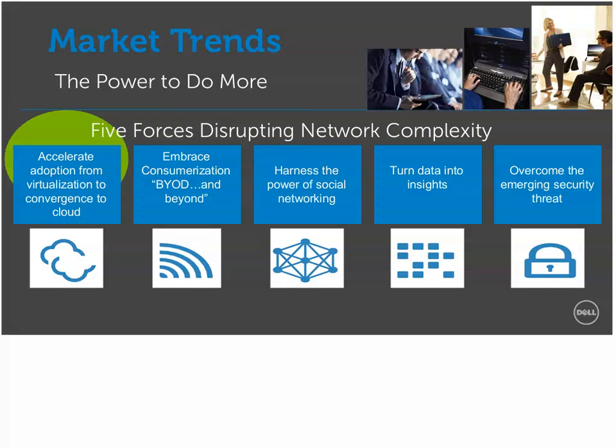Then there's the power of social networking, which is really about information and access to that information from anywhere at any time. Consuming data within the network infrastructure is really about visualization, which a lot of social networking happens to be.